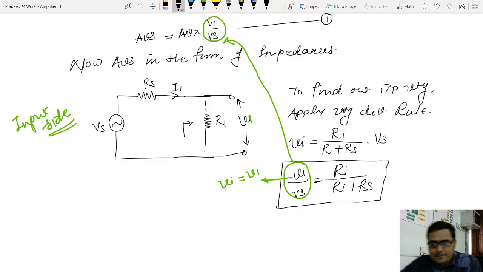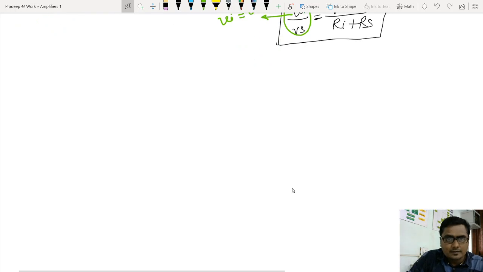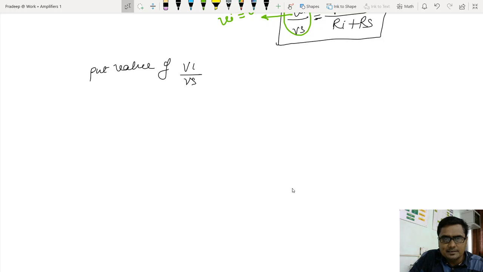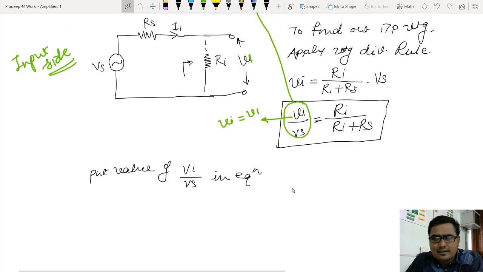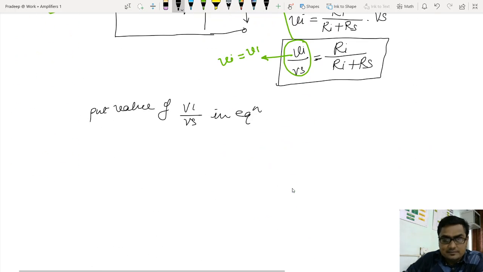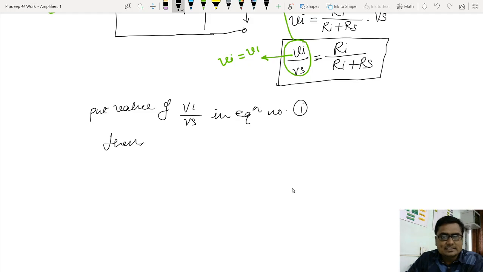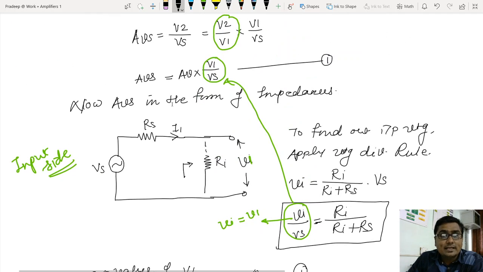So let me write: put the value of V1 divided by Vs in the equation. Equation number 1 is related to AVS.